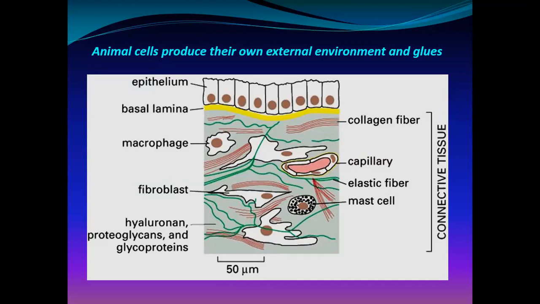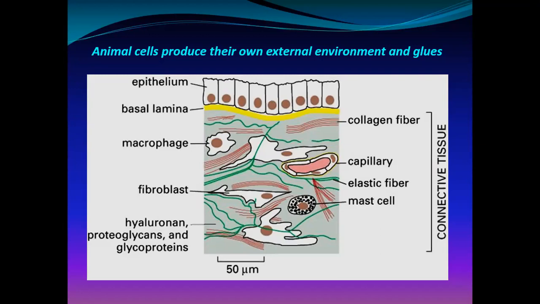They are stacked together very closely. And beneath these epithelial cells, there is a membrane-like structure, right? That is what you call the basal lamina. And below the basal lamina, you have the connective tissue. This connective tissue is what we call the extracellular matrix.